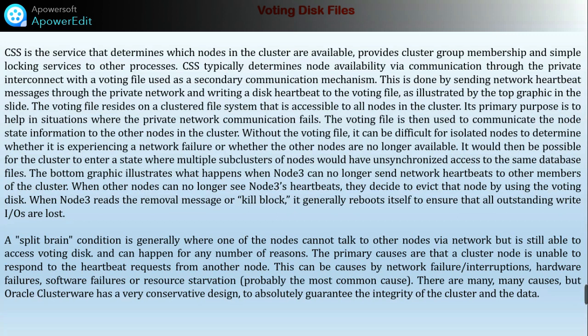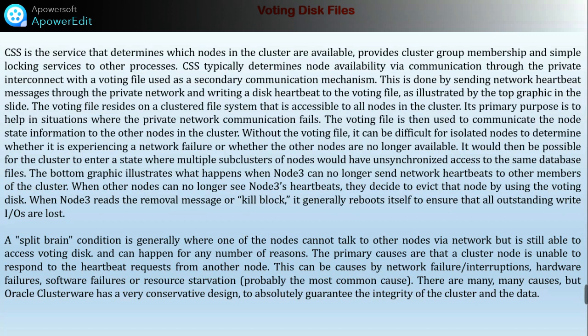This is done by sending network heartbeat messages through the private network and writing a disk heartbeat to the voting file, as illustrated by the top graphic in the slide. The voting file resides on the cluster file system that is accessible to all nodes in the cluster. Its primary purpose is to help in the situation where the private network communication fails. The voting file is then used to communicate the node state information to the other nodes in the cluster.